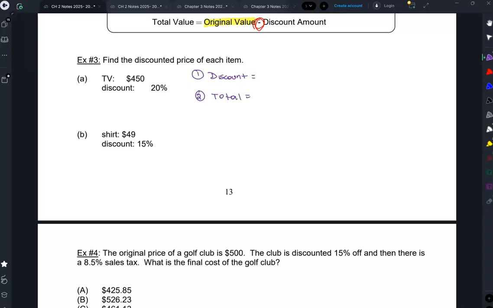So it's very, very similar. For the discount, you take 450 and you want to multiply it by the decimal equivalent of this, which is how much? The decimal point, I bring it over twice, so that's 0.20. Okay, go ahead and plug this into your calculator. I'm going to call you at random to give me an answer here. Okay?